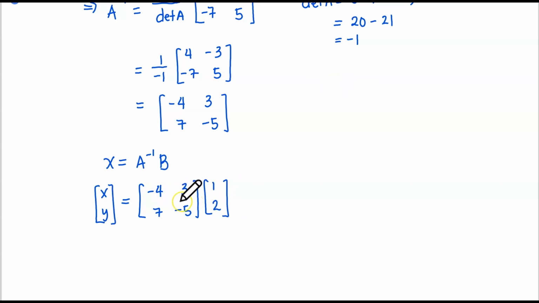Then we're just going to multiply the two matrices here. So to multiply this matrix by this, all you need to do is multiply the entries here by the column here. You multiply it component by component. That means -4 times 1, plus the element here, 3 times 2.